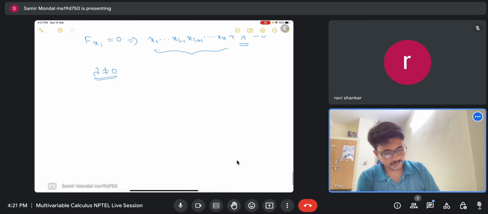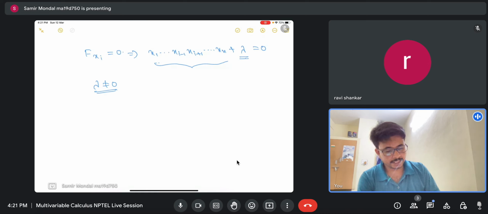Now multiply this by xi, since xi is missing here. Then what we get is x1 up to xn, this full product, plus lambda xi equal to 0.